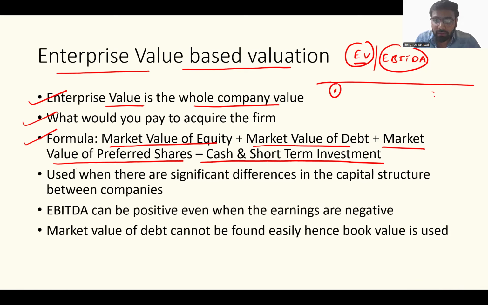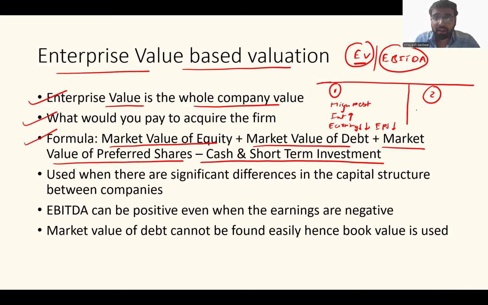Let's say there is company number one and company number two. Company number one has a lot of debt in their capital structure. Because they have a lot of debt, their interest cost is very high and ultimately their earnings are very low. If earnings are low, that means EPS will also be low because EPS is earnings divided by number of shares.